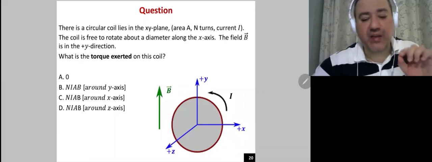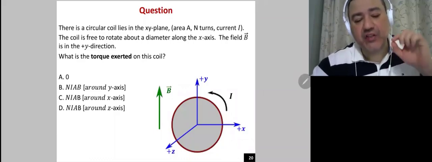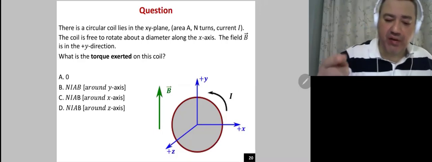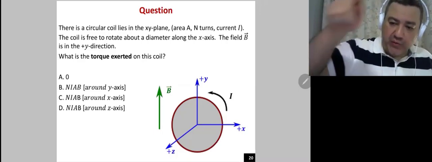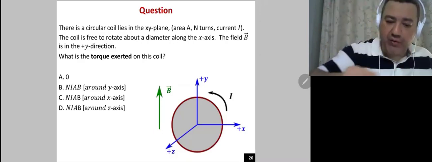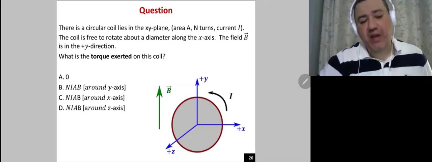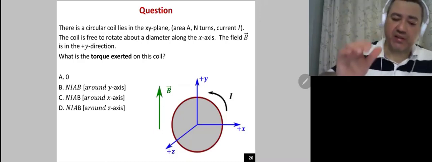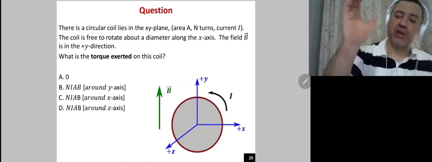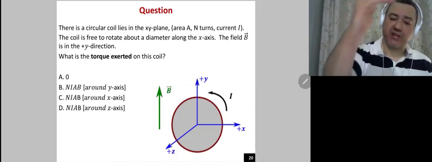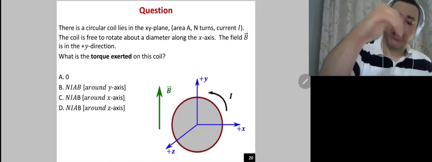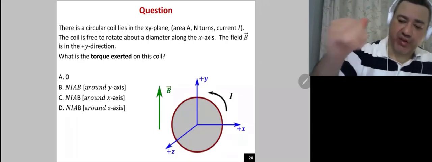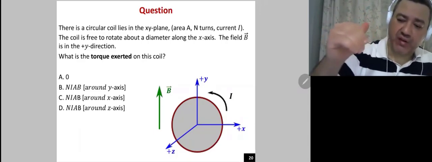I am looking at the magnetic field generated by the flow of the current. So when I have a current flowing into a loop, this current will generate a magnetic field. The direction of the magnetic field is defined by the right-hand rule, taking the fingers as the direction of the current, and the thumb as the direction of the generated induced magnetic field.